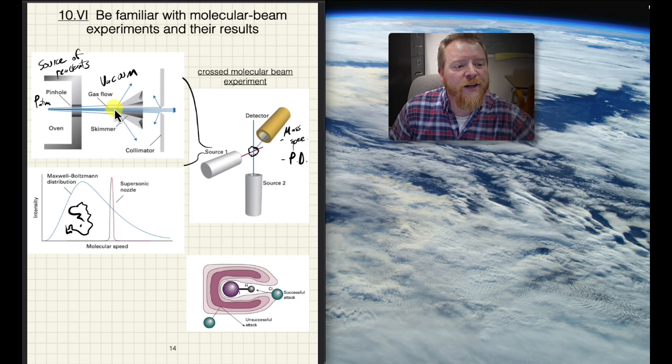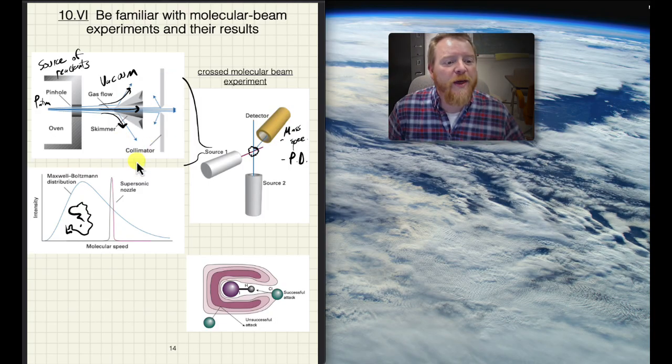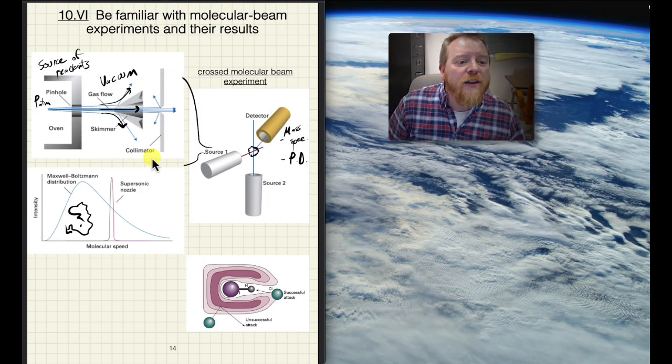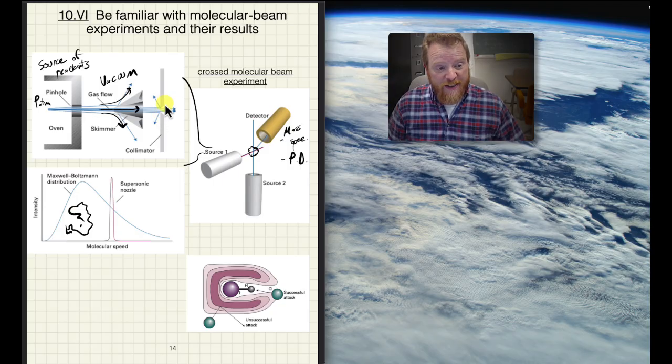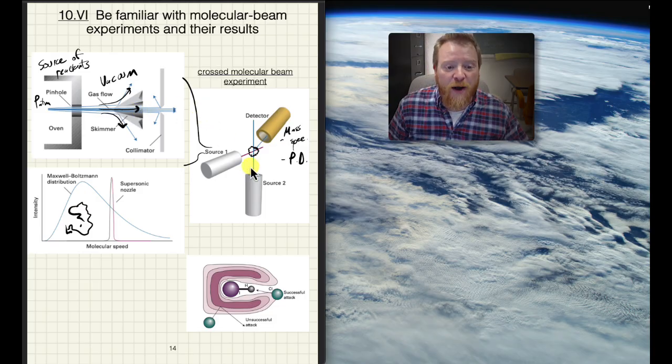However, if we put another pinhole, this is known as a skimmer, it has this geometry which will allow molecules to flow out and around, but will also allow occasionally some molecules to make it all the way through. Then we follow that up with another device called a collimator, which aims to select molecules only with the trajectories going right through. Then we will create this beam of molecules.